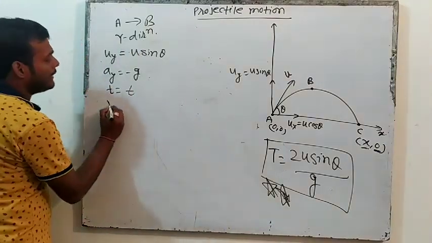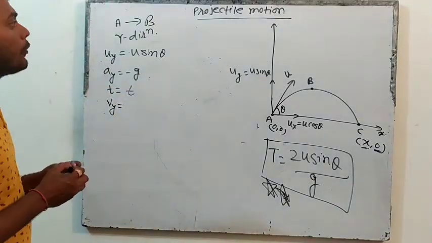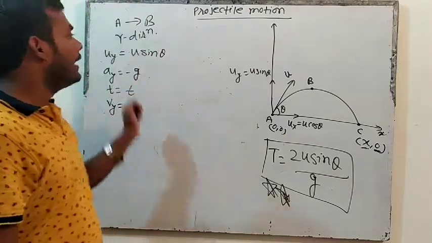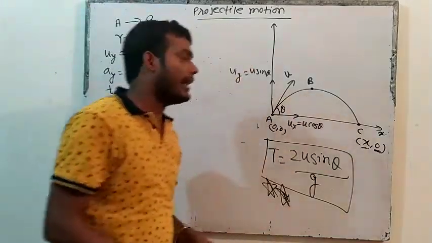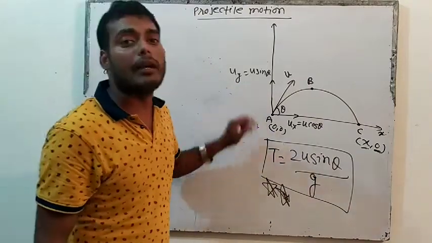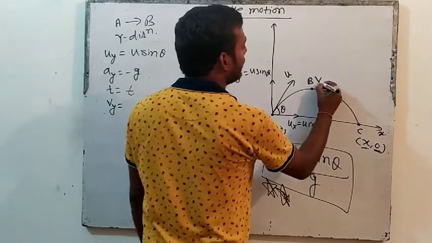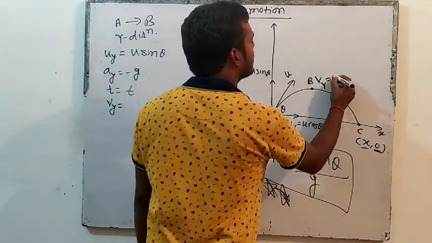Okay, what will be the final velocity in y direction? Now understand, when you are applying the equation from A to B in y direction, the initial velocity in y direction is u sin theta. But what is the final velocity in y direction? At the highest point, the final velocity in y direction will be how much? 0.